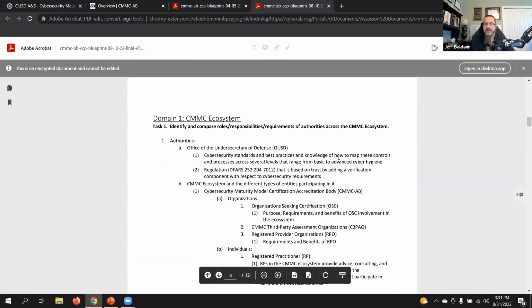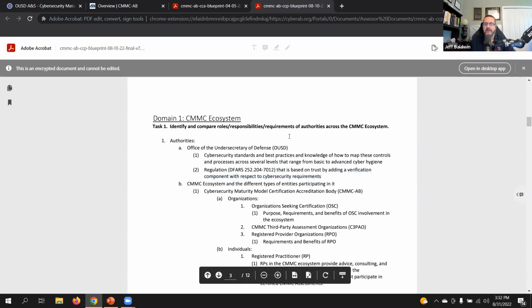As you go up in levels, you get more practices, controls, and processes you have to follow. With the regulation DFARS 7012, we're adding the verification component. That's that first slide we hit on. We're adding that third-party verification.